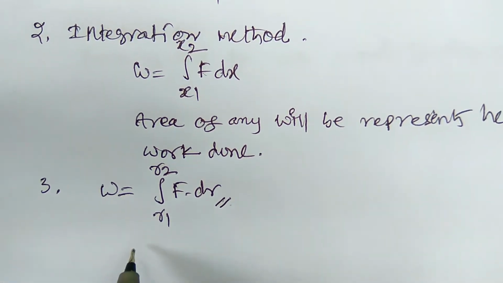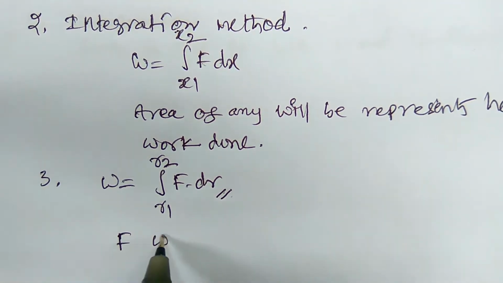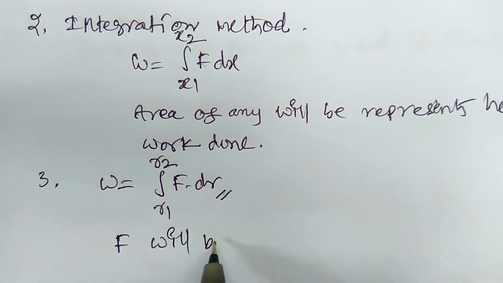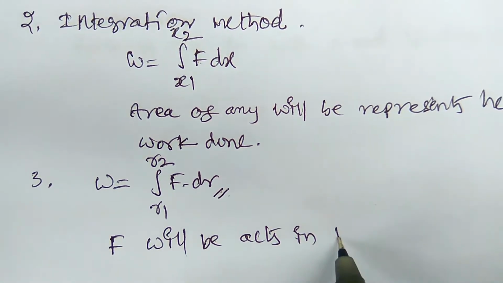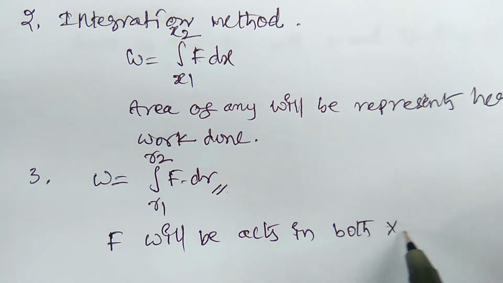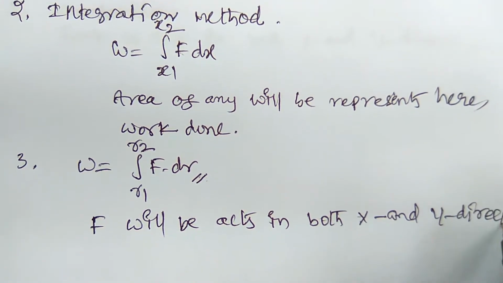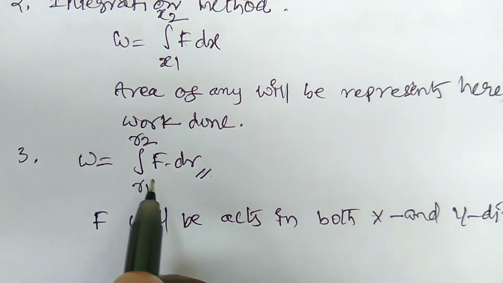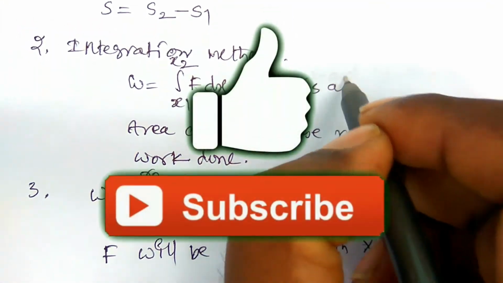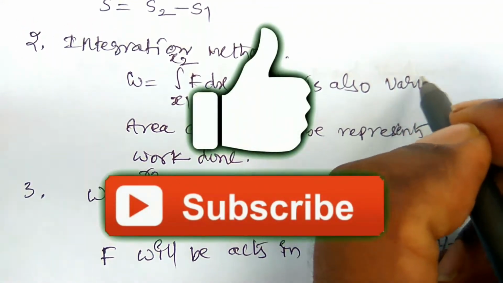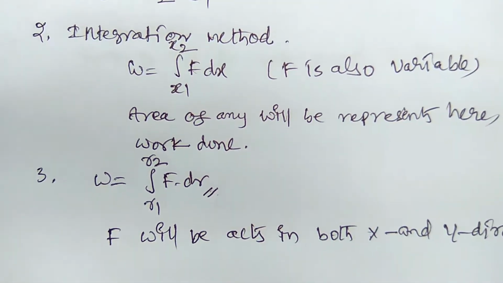When the force acts in both x and y directions, then we can use this formula, F into dr. Here the force is also a variable; force will not be constant, it can vary with the x direction.